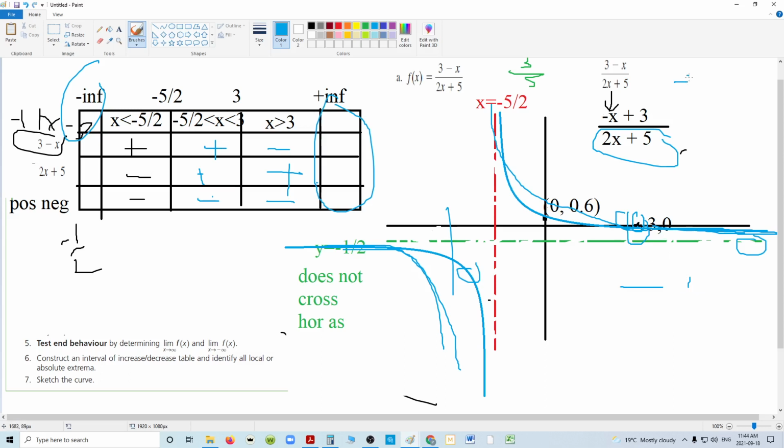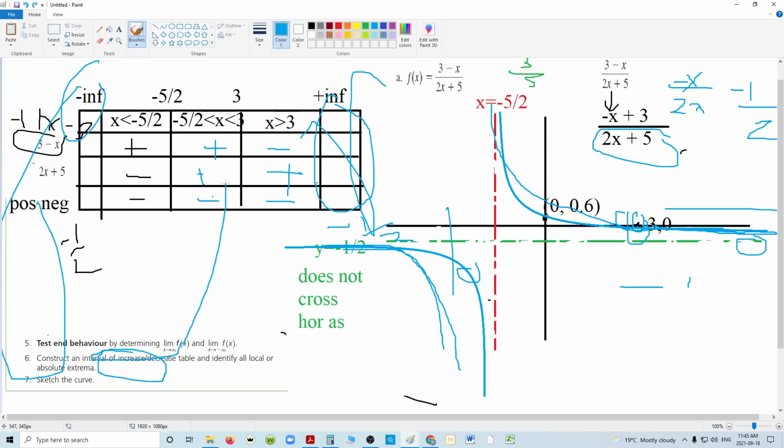You factor out negative x up top, 2x at the bottom. When it's positive infinity, this becomes negative infinity. This becomes positive 2 infinity, which factors out to negative a half. So it just tells you that it's approaching negative a half. That helps to avoid screw-ups. And that's the end behavior.